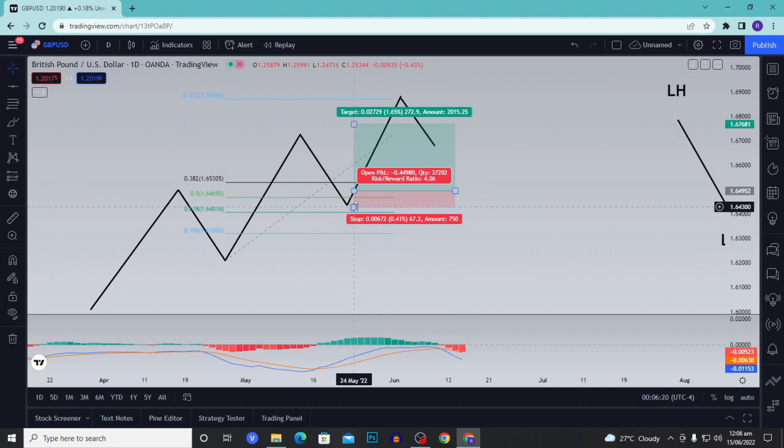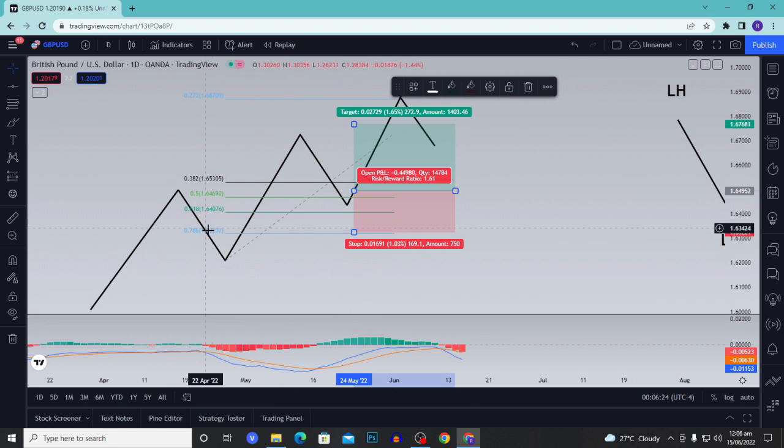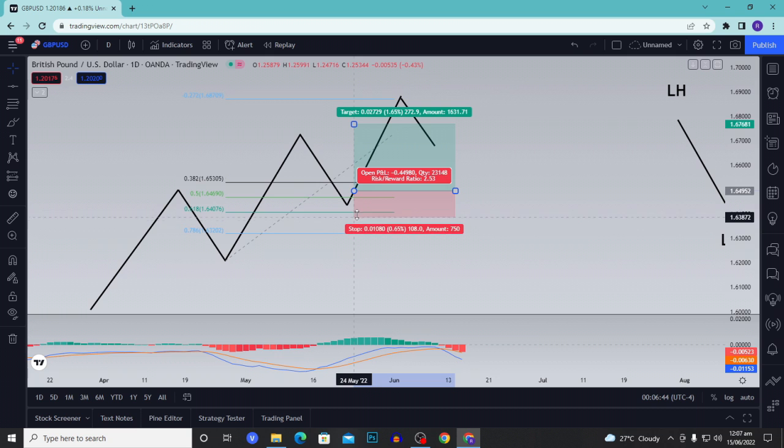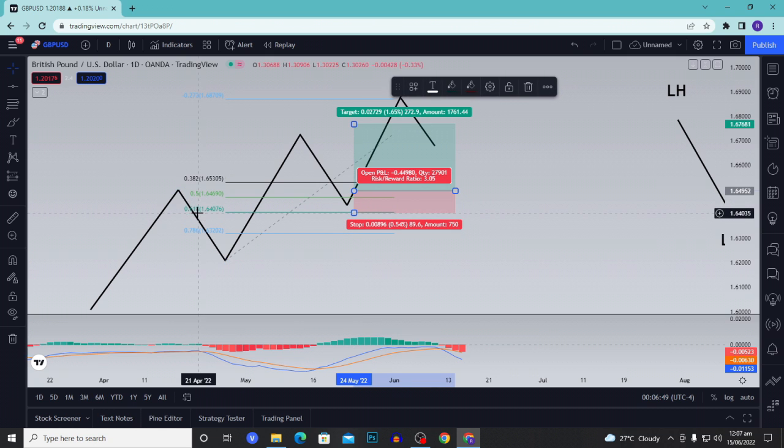In other cases, if you're able to put your stop loss at the 0.786 point with a stop loss that is below 150 pips, you place it. The 0.786 is just to be very safe, but I recommend that you place it at the 0.618.